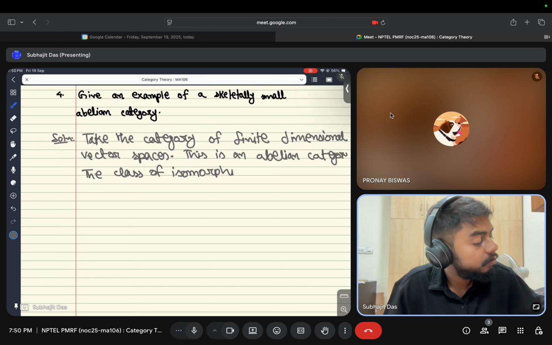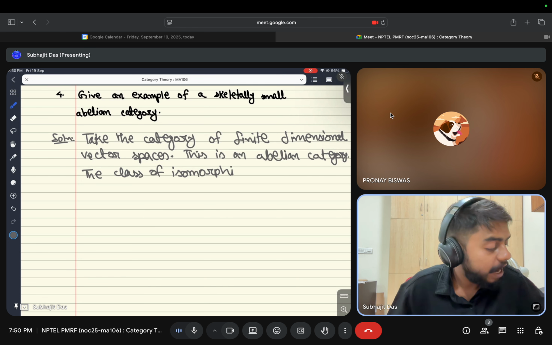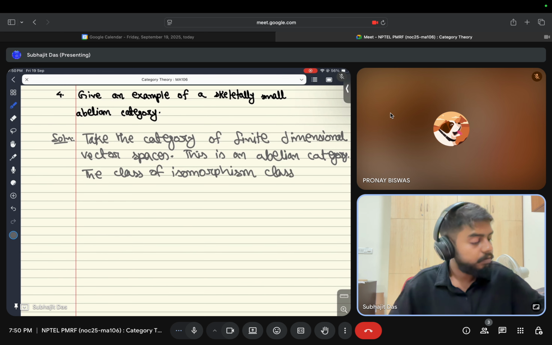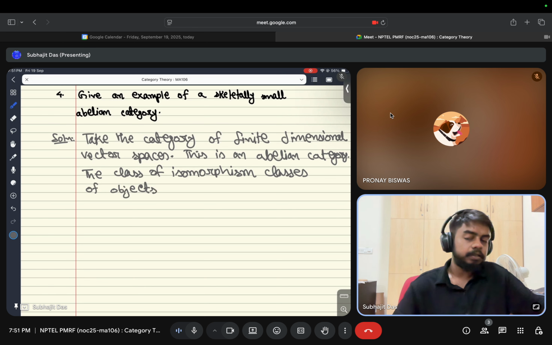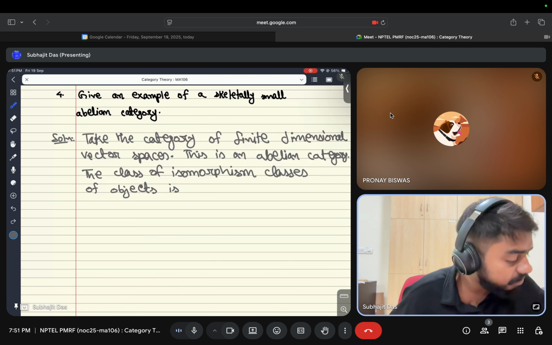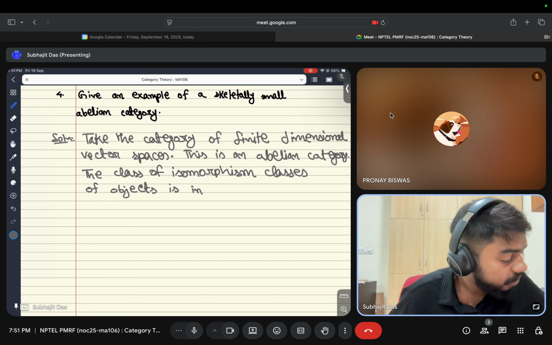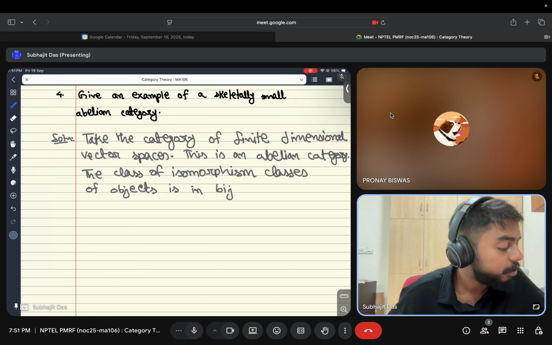So the class of all isomorphism classes of objects, that is vector spaces, is in bijective correspondence.